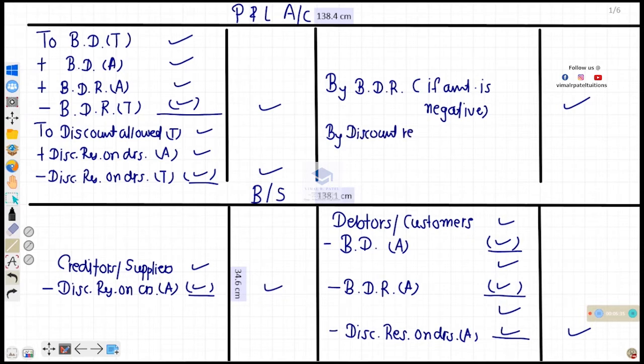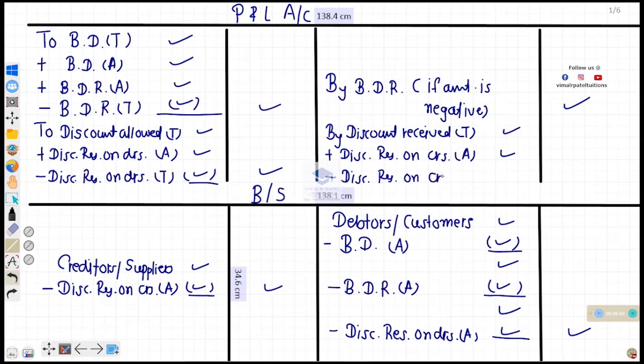By discount received or discount earned given in trial balance, plus discount reserve on creditors, that is of adjustment, and balance of discount reserve given in trial balance will be subtracted.